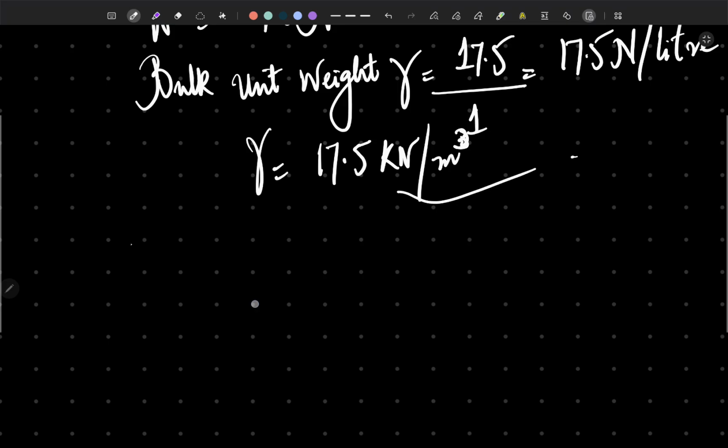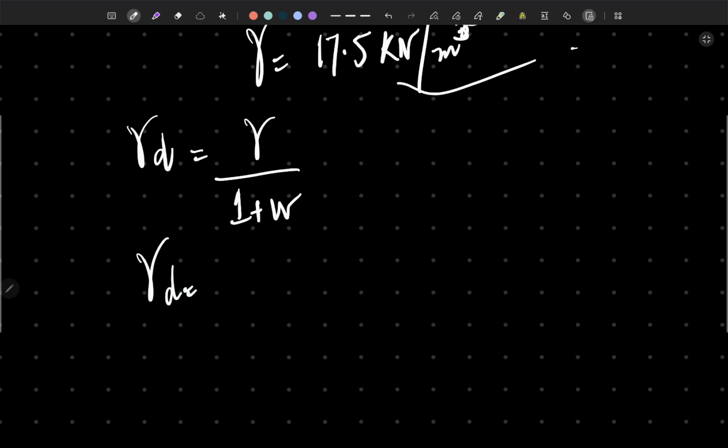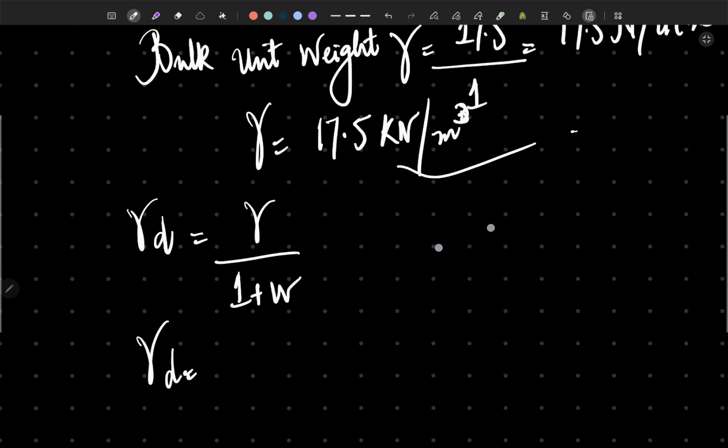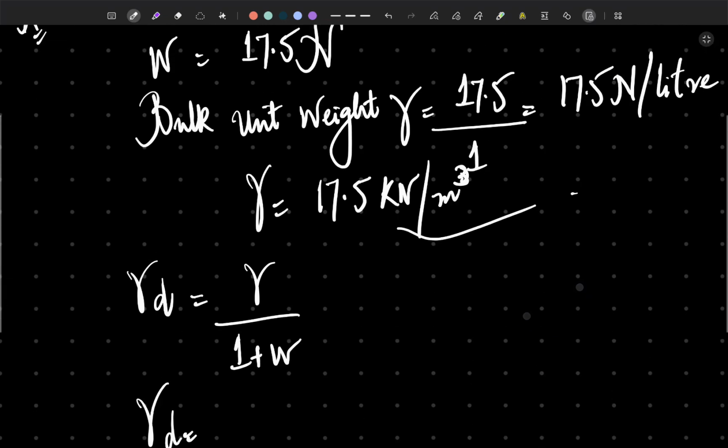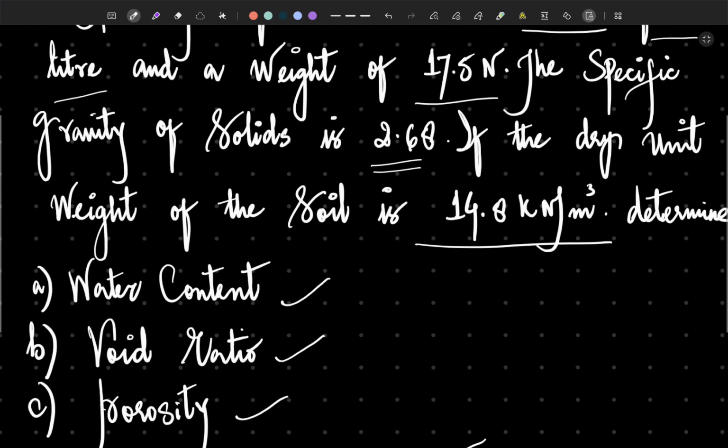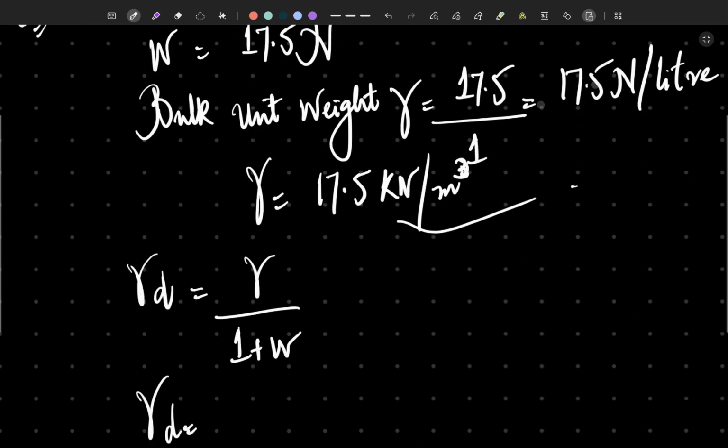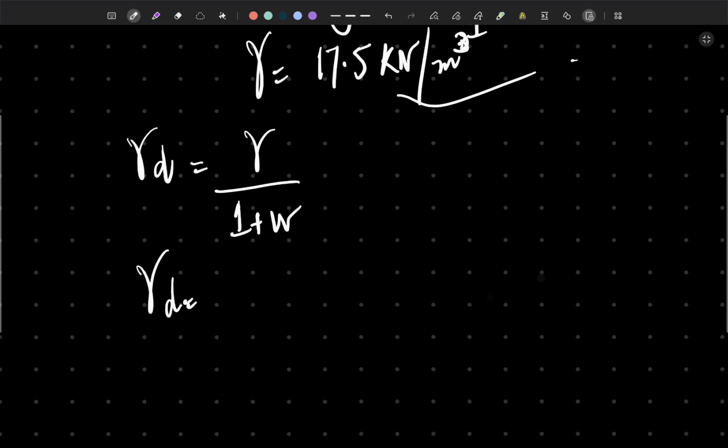We also know that dry unit weight is bulk unit weight divided by 1 plus water content. Dry unit weight is how much? It is given in the question. If the dry unit weight of the soil is 14.8 kilonewton per cubic meter, that means dry unit weight is 14.8 kilonewton per cubic meter.